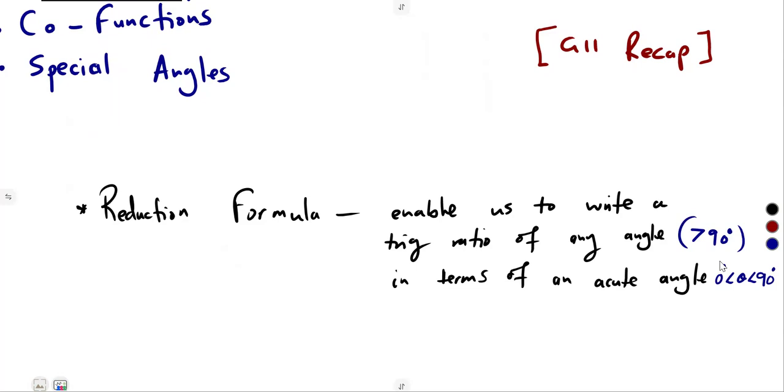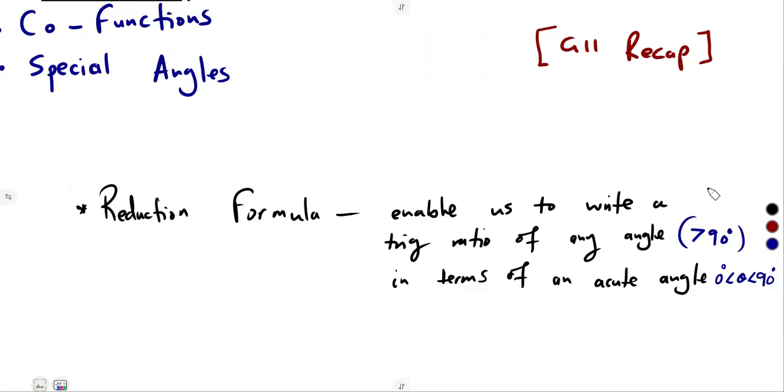So the reduction formula is used to express those trig ratios that are more than 90 degrees: 100, 120, 270, 360, maybe 345, 350, something like that, 540, 720, and so on.